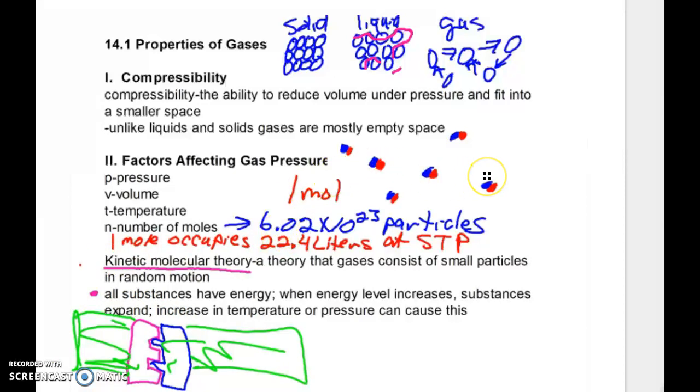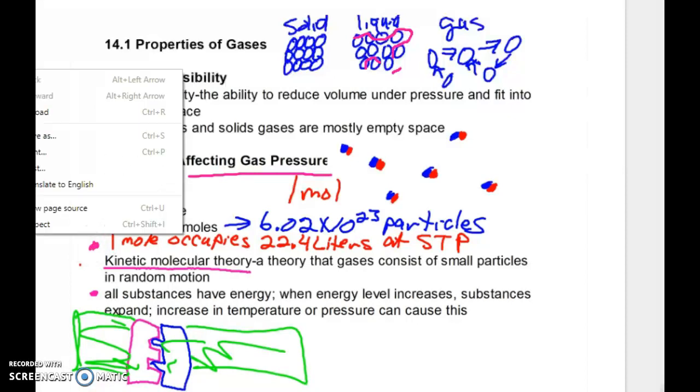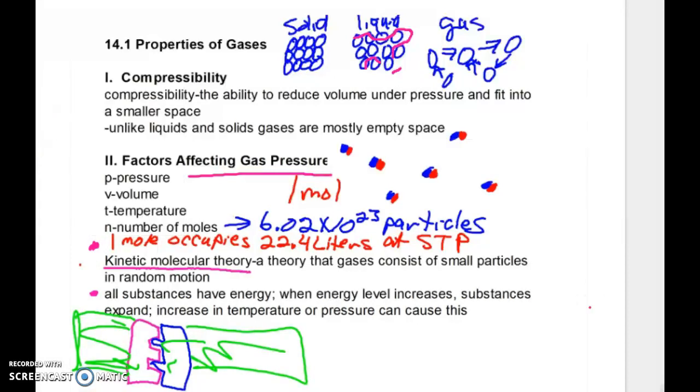In this chapter, we're going to learn how to calculate different aspects of gas. The factors that affect gas pressure are temperature, volume, and the number of particles, or the number of moles. Remember that moles is a measure of particles.